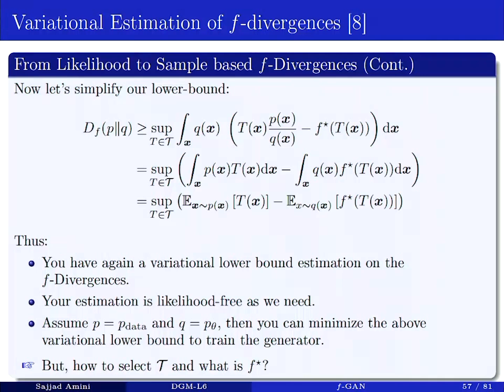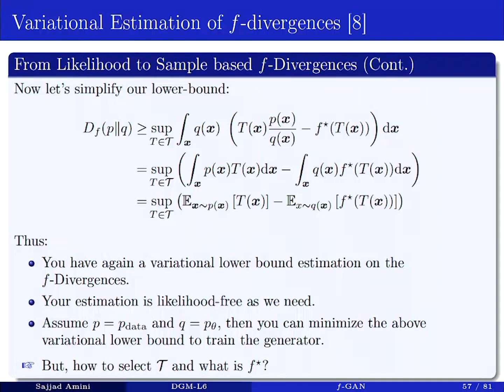Likelihood free. Assume that p equals p_theta and q equals the data distribution, then you can minimize the above variational lower bound to train the generator. Conceptually, maybe you wonder how minimizing the lower bound can minimize the value of the divergence. What do you think? It is an important point.